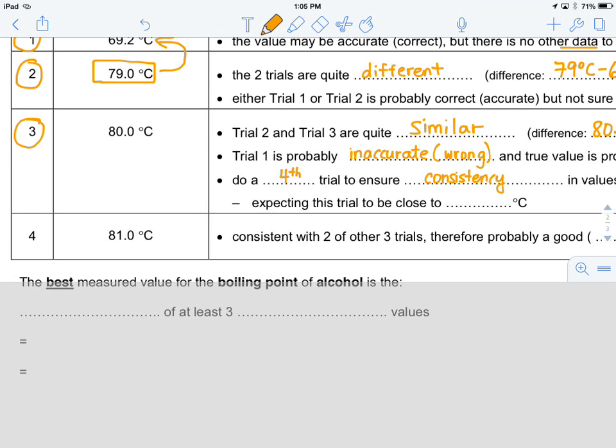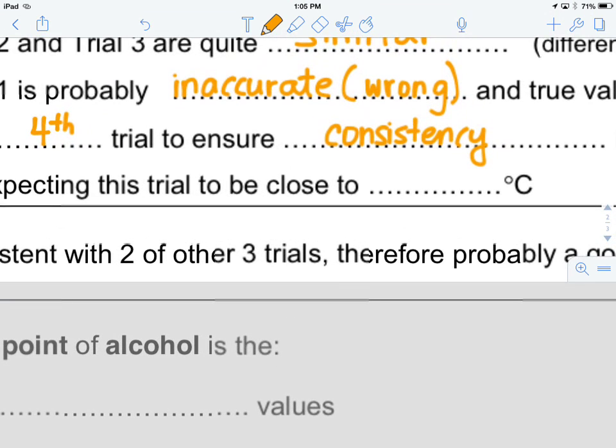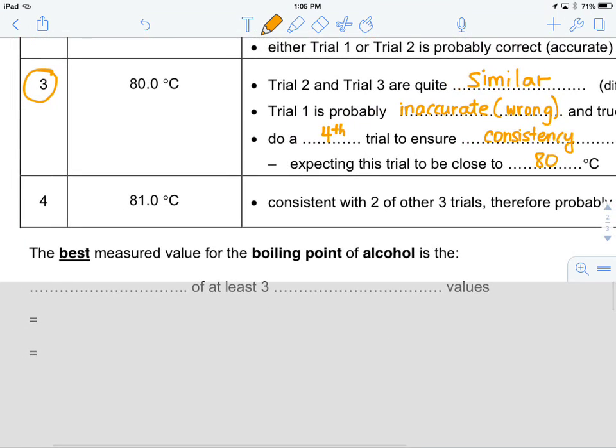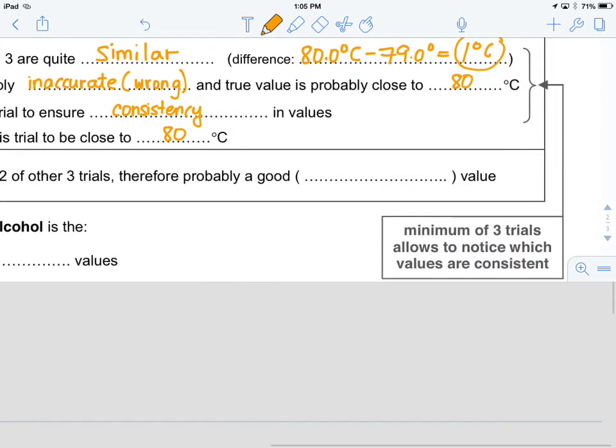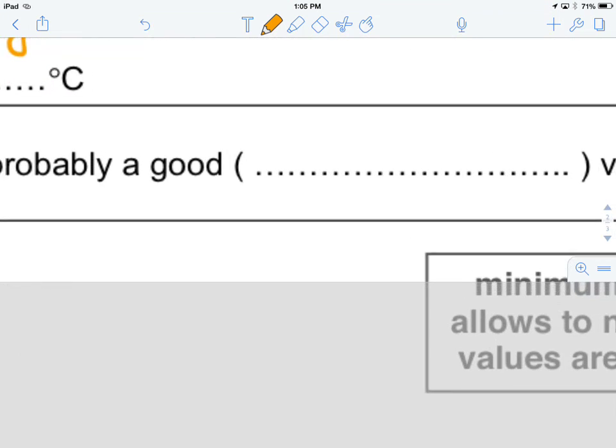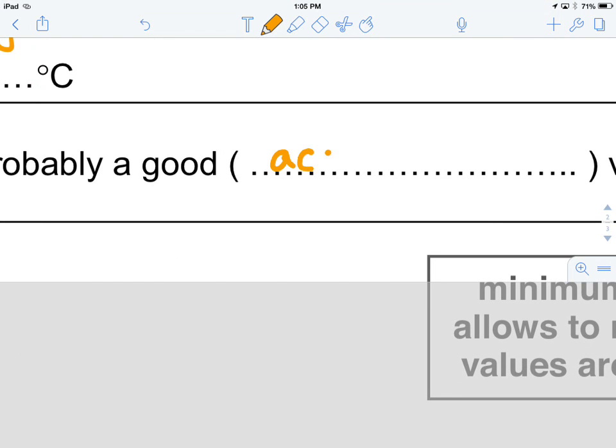We would expect our fourth trial to be close to 80 degrees. That's what we would expect. And of course, we do our fourth trial, as you can see here, and we get a value of 81 degrees. This is consistent with 2 of our other 3 trials, and therefore this is probably a very good, or in other words, a very accurate value.